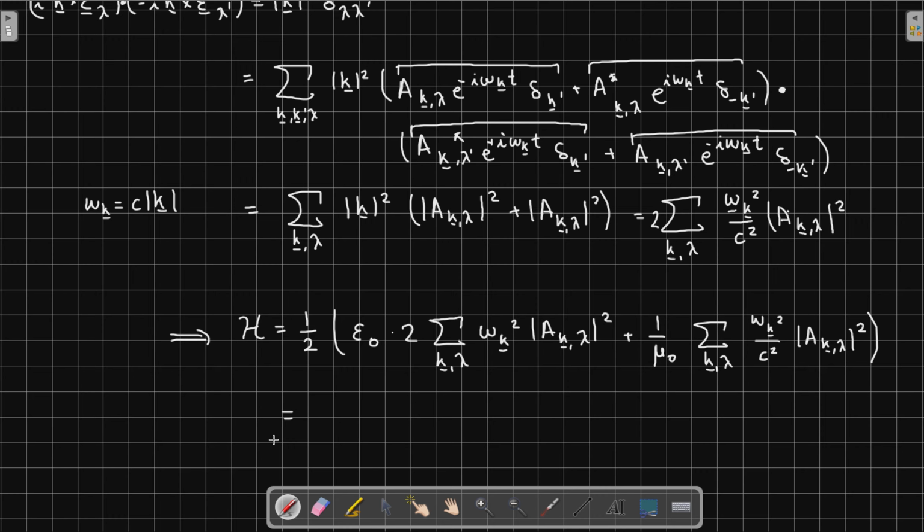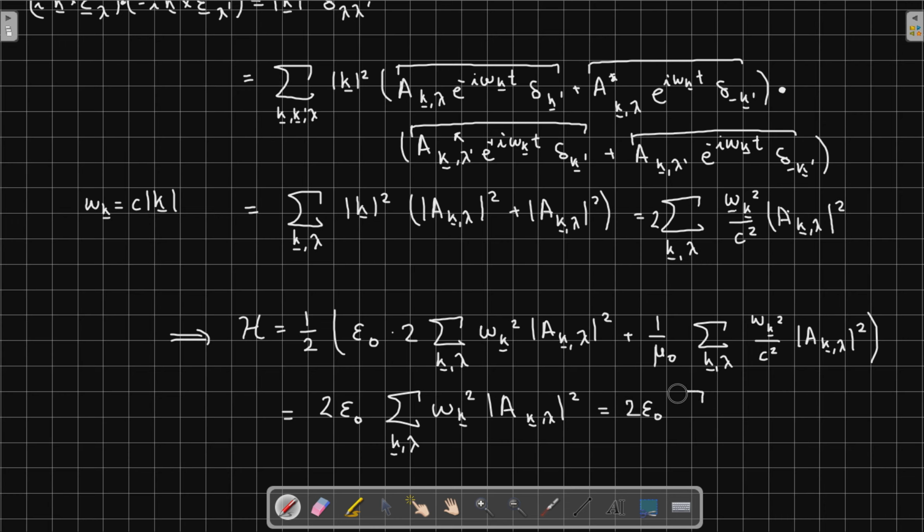You can work with the wave frequencies and the wave velocities, and you really will just end up with 2 epsilon 0 sum over k and lambda of omega k squared a k lambda squared. This is the classical Hamiltonian.